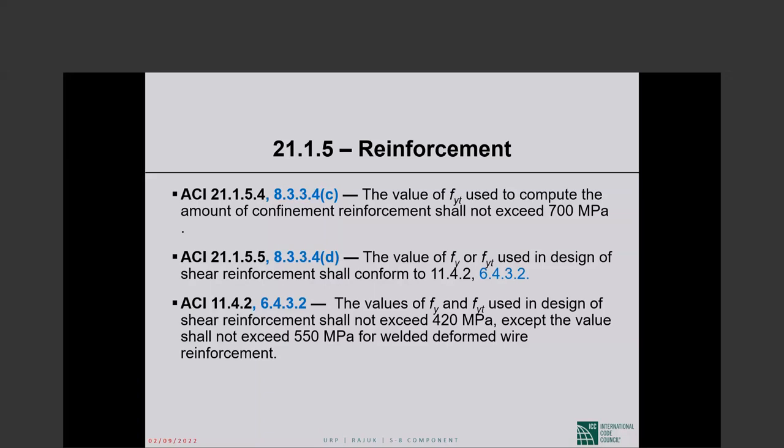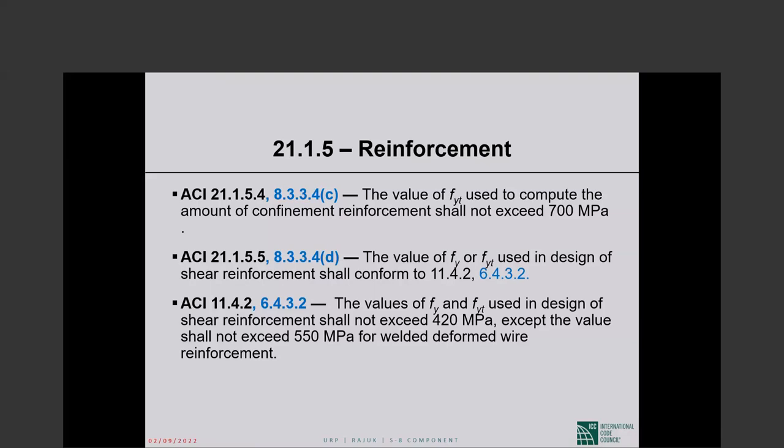Extremely important. It took a lot of work to get this 100 ksi approved as early as 318-08. Now it's a different story, but back then it was a huge struggle, and we went through all the trouble because it is important.